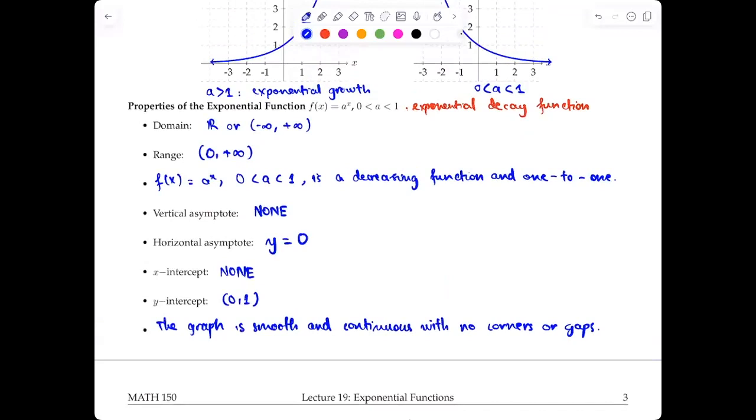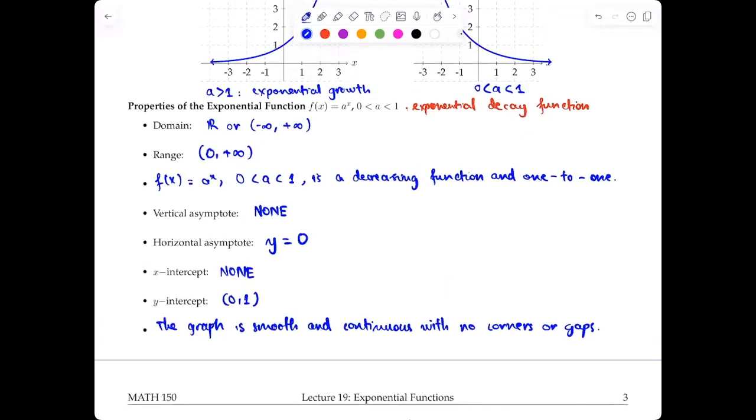All right, so I want to write down the detail like this about the range, the domain, horizontal asymptote, vertical asymptote, x-intercept, y-intercept. Because when we get to the next lecture, which is logarithmic functions, remember I keep telling you that exponential function and logarithmic functions are inverses of one another. So therefore, when you consider logarithmic function, you just basically swap the range and the domain and the answer.